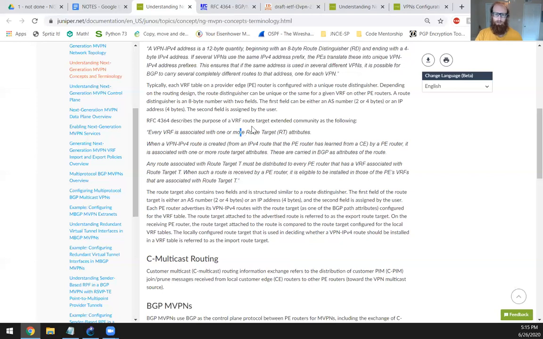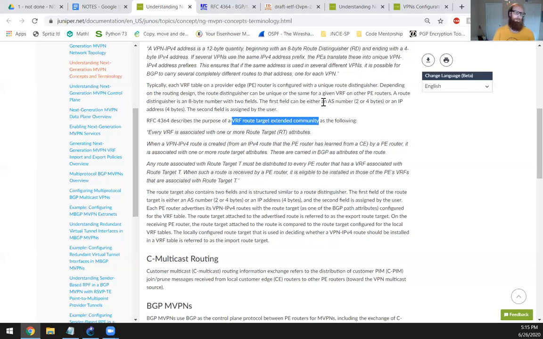It's confusing when you have terms like route target attributes and VRF route target extended community. I can't tell if these are both route targets or if they're different. It's like if you use the word car, are you talking about a clown car? Are you talking about a Ferrari? Car means a lot of different things.